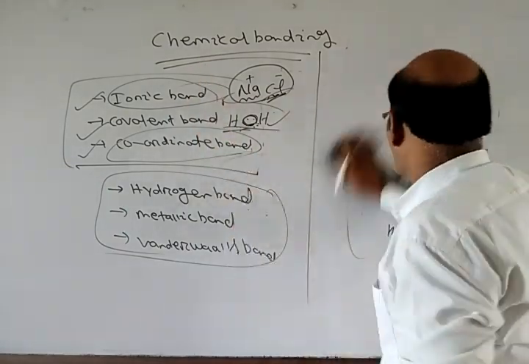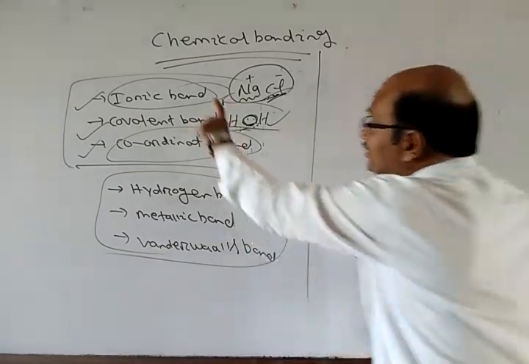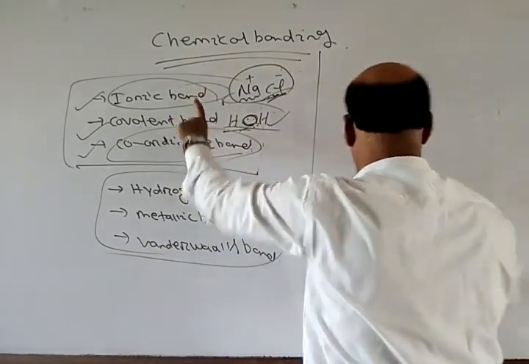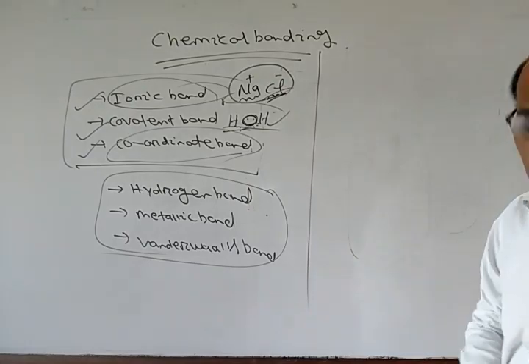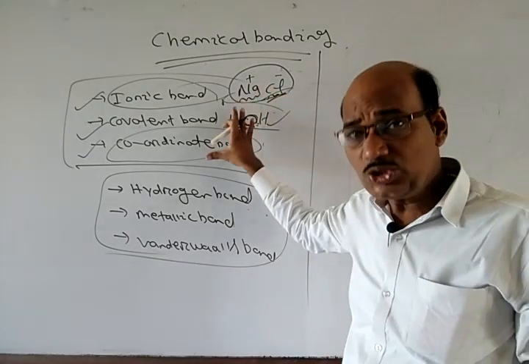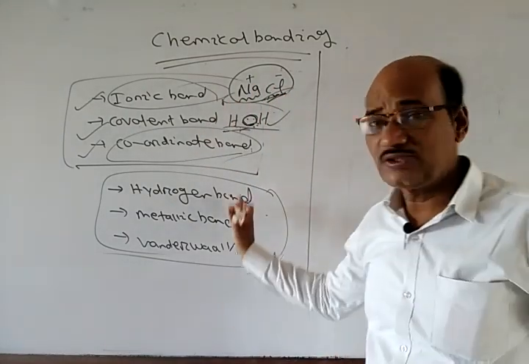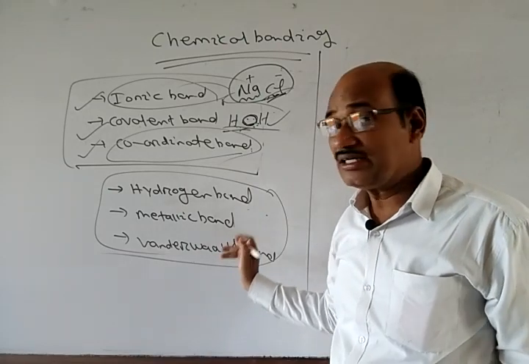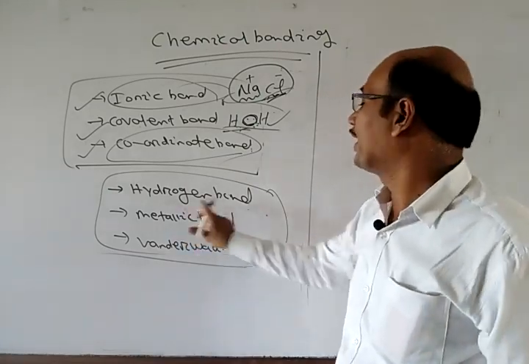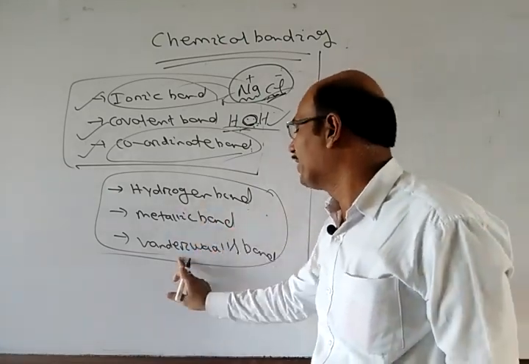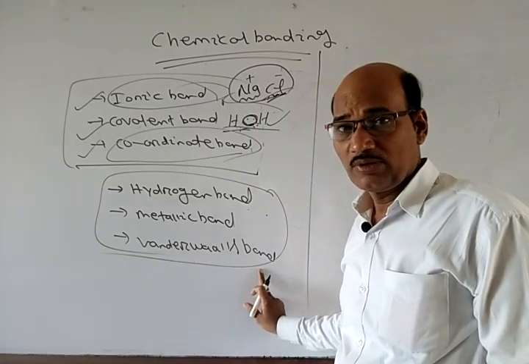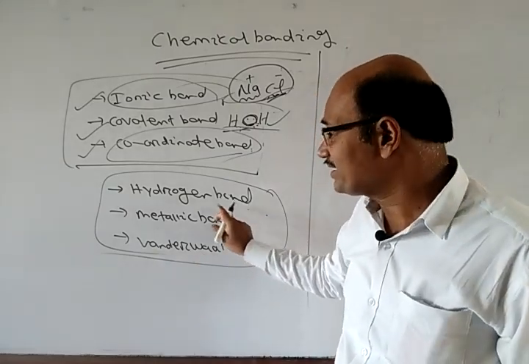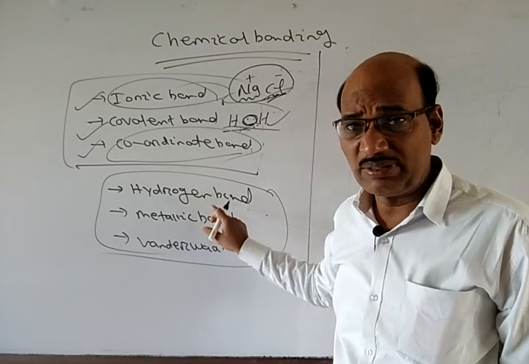But these three are the important types of chemical bonds. Besides these three, we also have some other kinds of bond, called the physical bonds, like hydrogen bond, metallic bond, and van der Waals bond. Regarding these, we will discuss briefly later on.